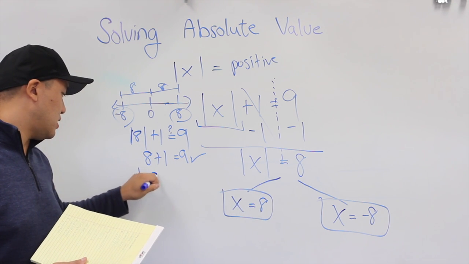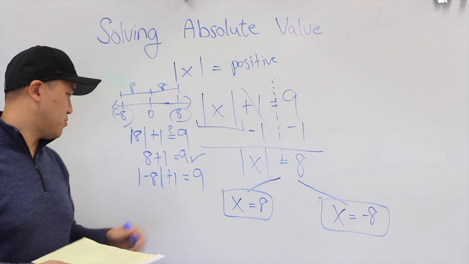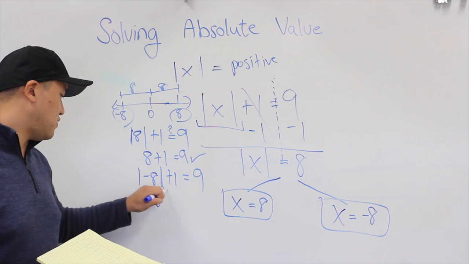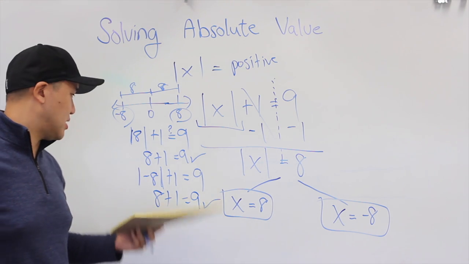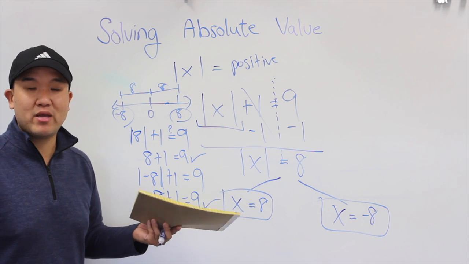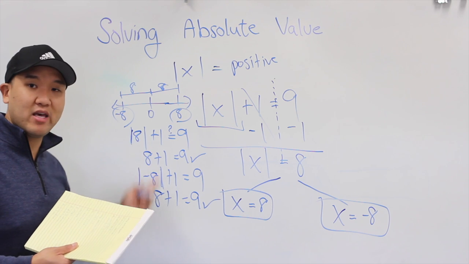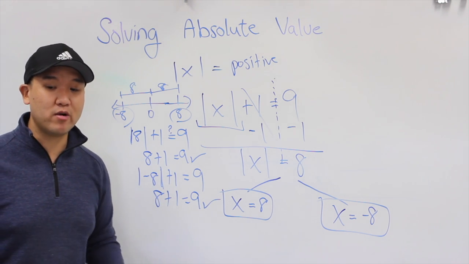If I plug in -8 here, well, we don't even have to subtract 1. What's the absolute value of -8? It's +8 again. So is that true? Yes. So both answers are true, and when we plug it in to test it, it explains why they give us 2 answers, because both positive and negative values inside an absolute value will turn positive. So that's very important in this case.